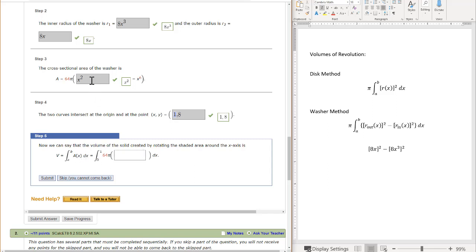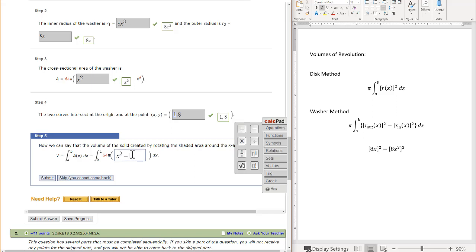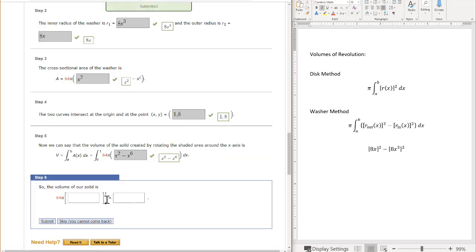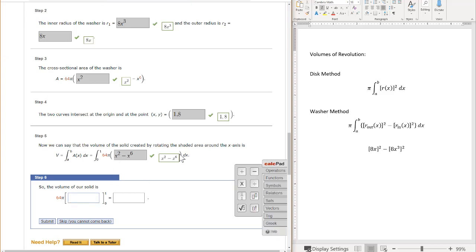So the area, remember, was 64 pi, and then x squared minus x to the 6th. And then we integrate. 64 pi is a constant, and we'll just bring that out.